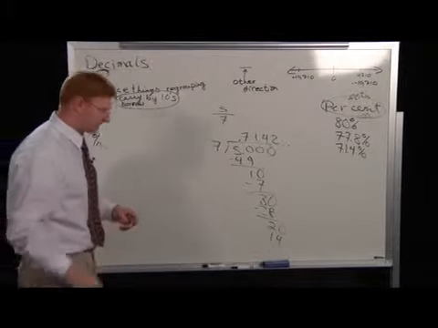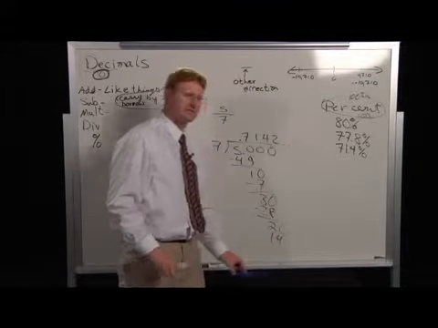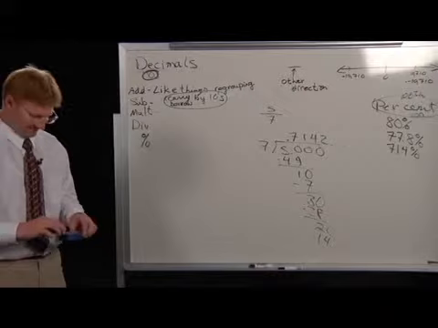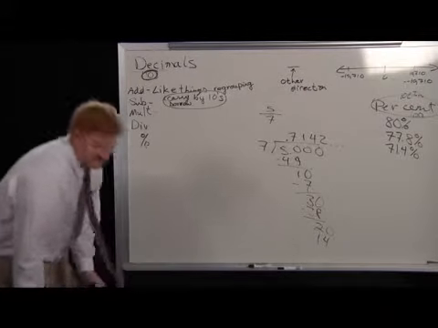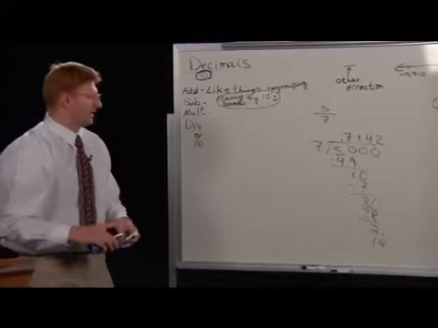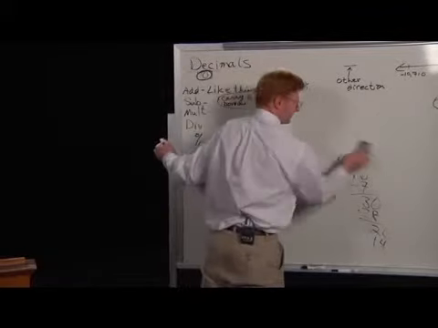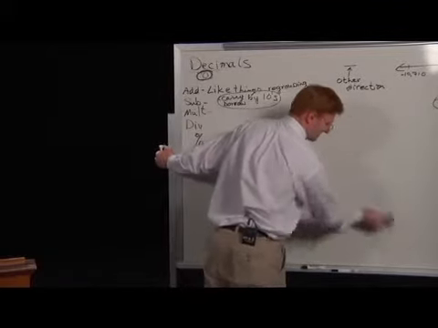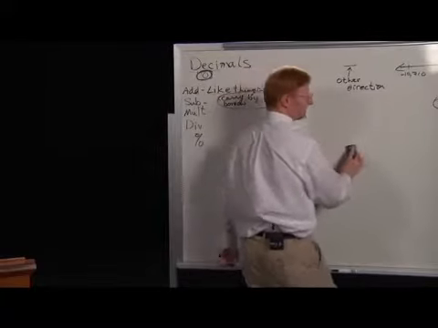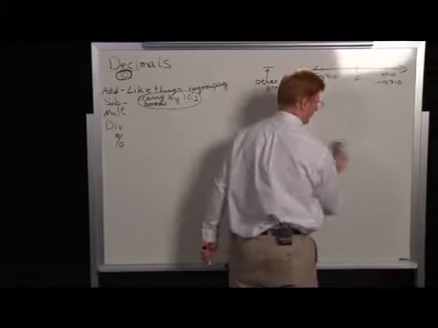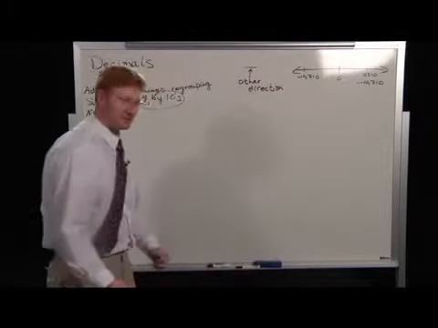Now, the interesting thing about percents, while we're on percents, we need to talk a little bit about percents. Okay, percents never tell you exactly the amount that is happening. They tell you a portion, but they don't tell you a real amount. So, we need to talk a little bit about that.